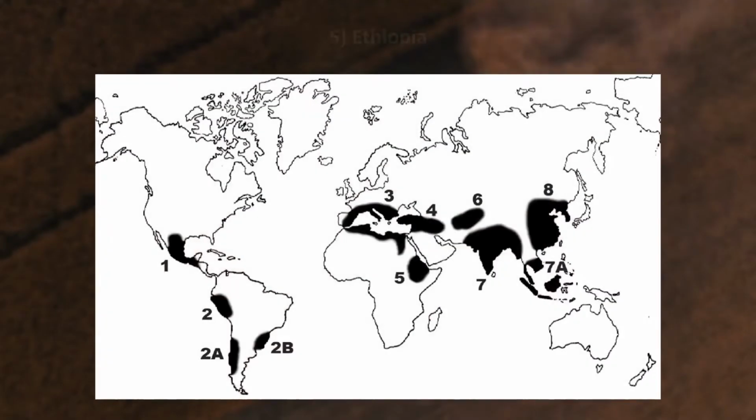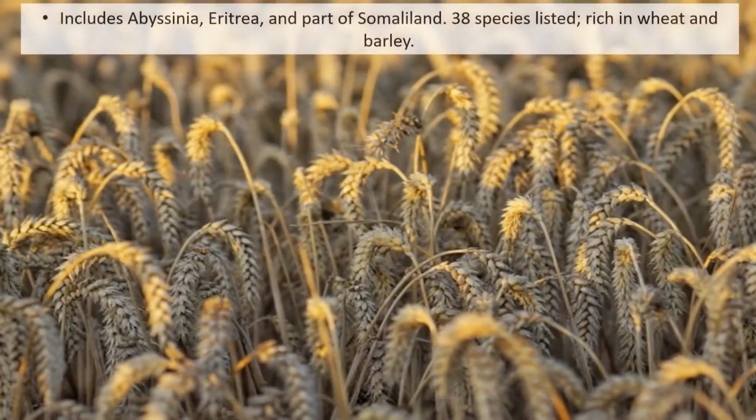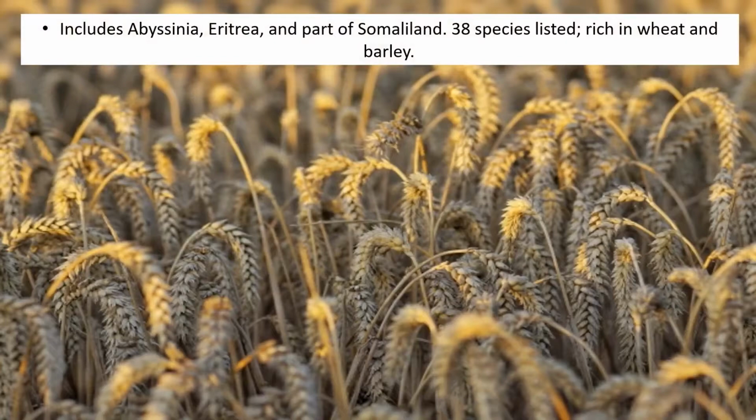Then if you look to the origin of the Ethiopian region, that region includes Abyssinia, Eritrea, and part of Somaliland. That has 38 species so far listed, and these are rich in wheat and barley, as you know.